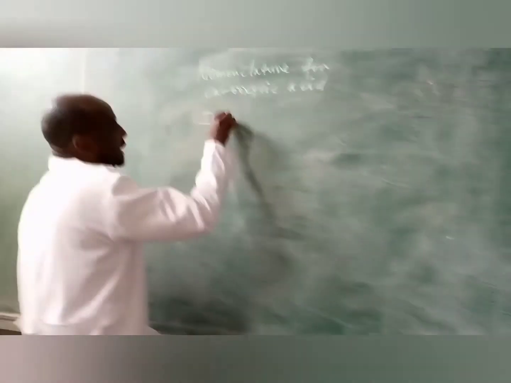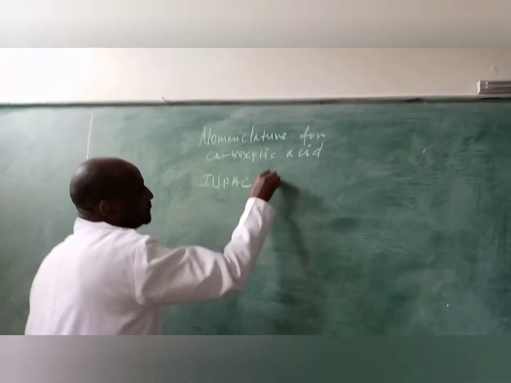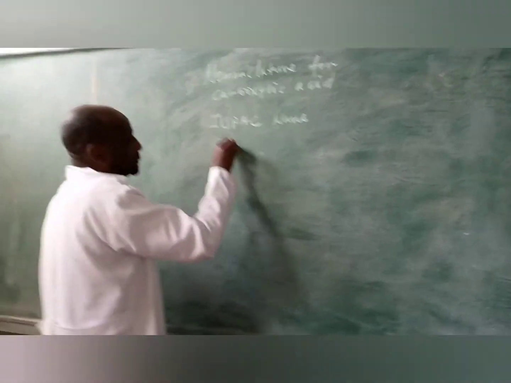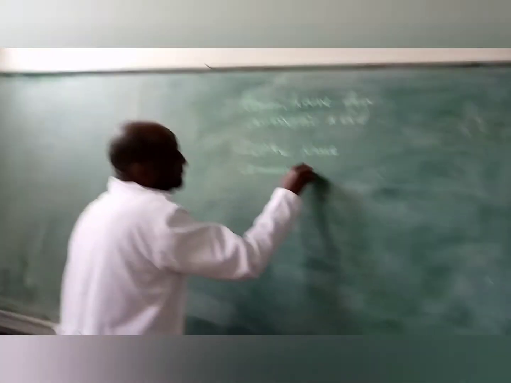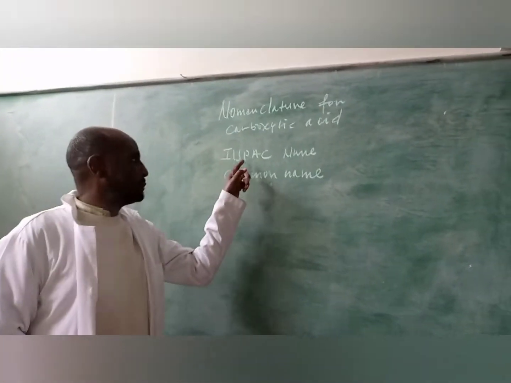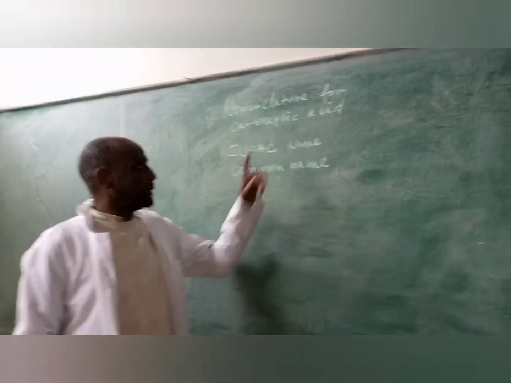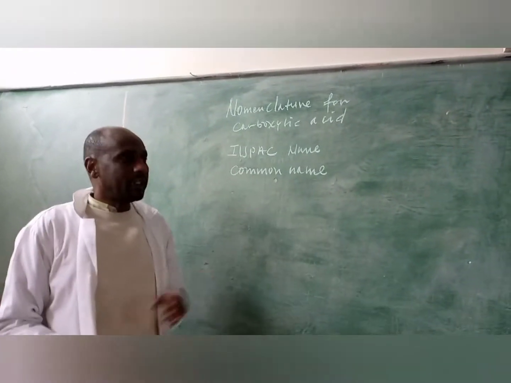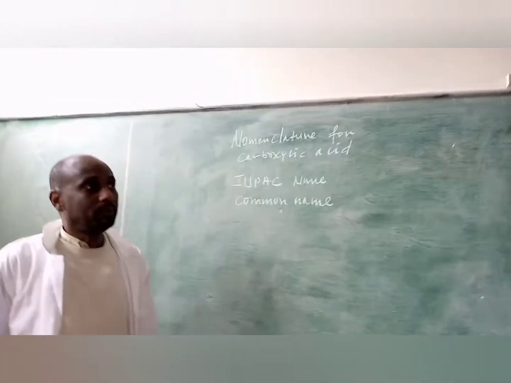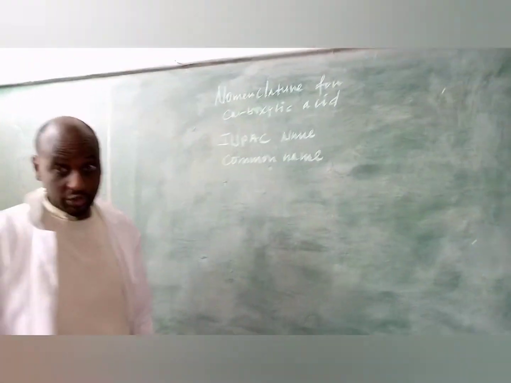IUPAC is the International Union of Pure and Applied Chemistry, used to name organic compounds. The common name of organic acid can be derived from their Latin name, depending on their resource.